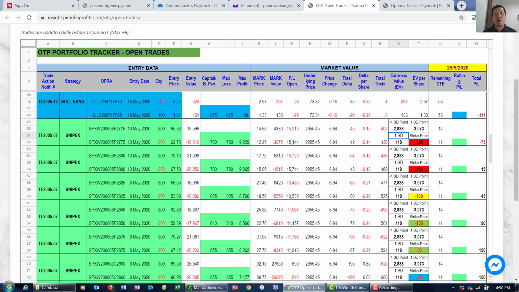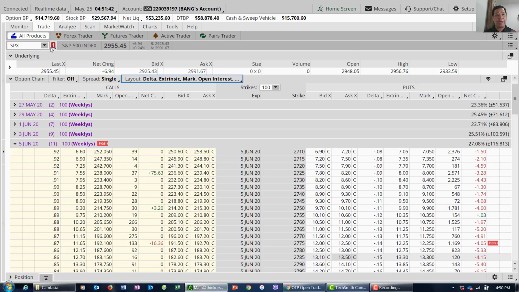So for example, let's pick this trade where the short option expires on the 5th of June 2020. I go to the platform and open SPX June 5th 2020, and you see the TOS platform tells me that SPX can move up or down 116 or 117 points between now and the end of June 5th.